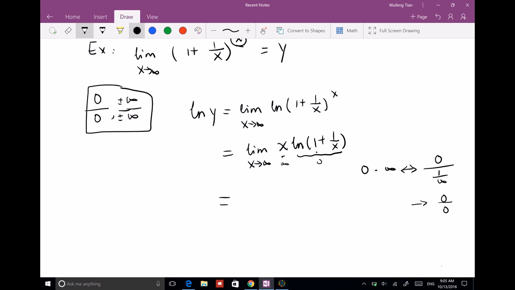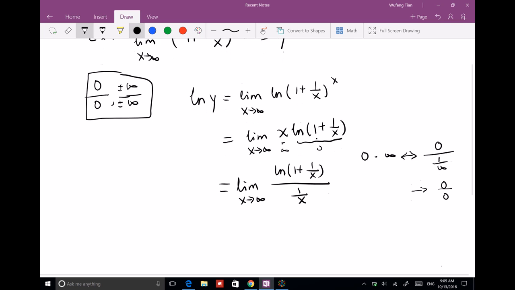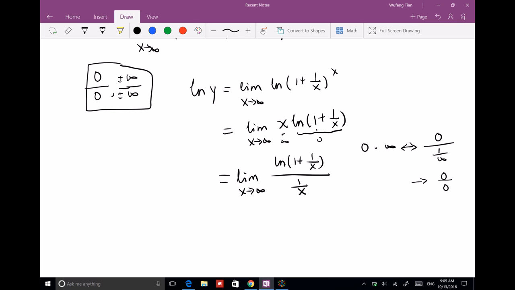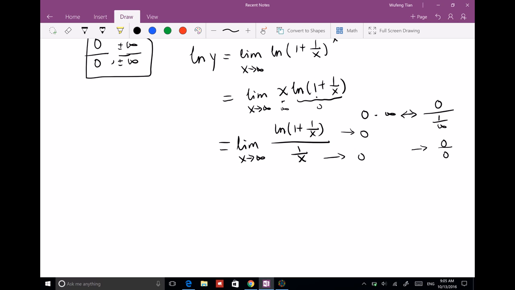So what do we do? We still have the limit as x goes to infinity of ln (1 plus 1 over x) over 1 over x. Now we can see the top goes to 0, it's ln 1. The bottom is 1 over infinity, also goes to 0, so it's 0 over 0 form. That makes sense, right? So now we can use L'Hopital's rule.